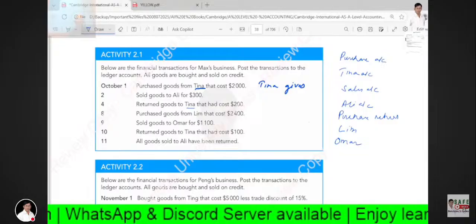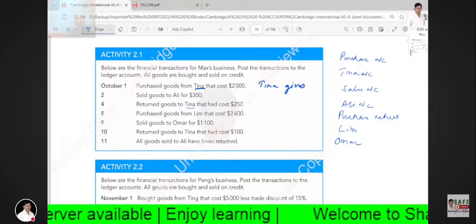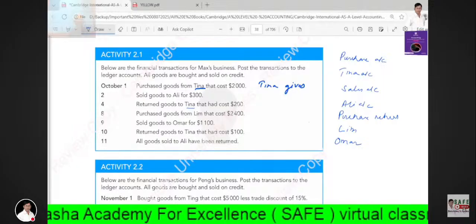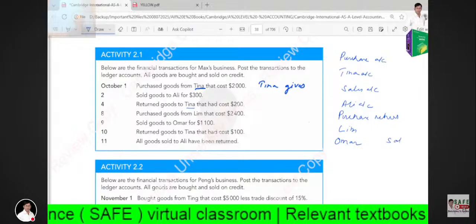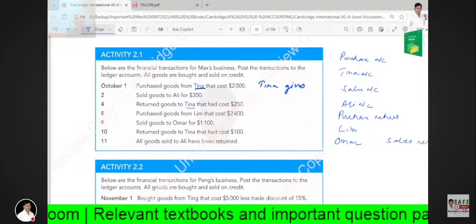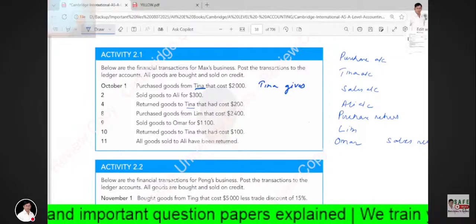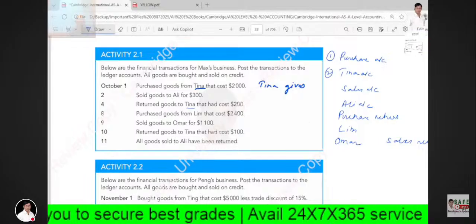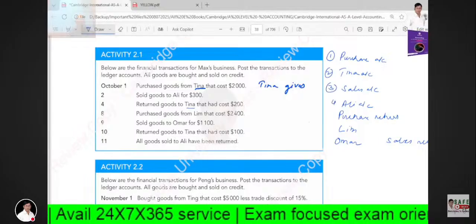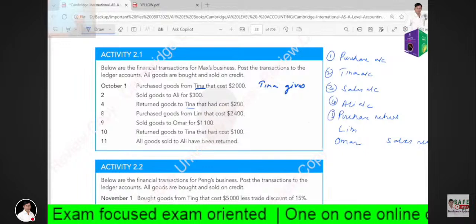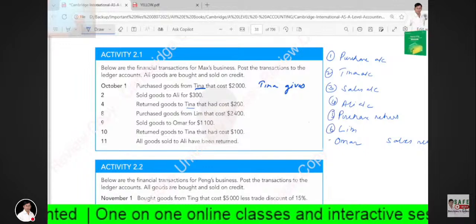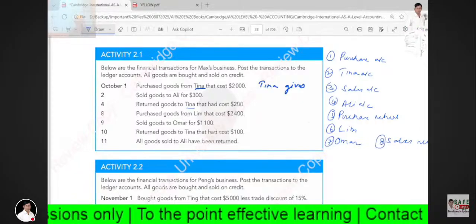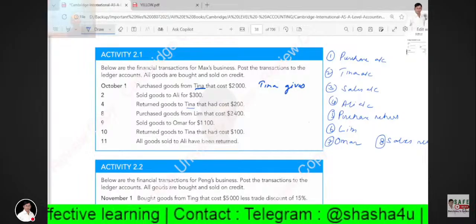All goods sold to Ali have been returned, which means we have received them back, so it is sales returns. Basically we need to prepare 8 ledger accounts.